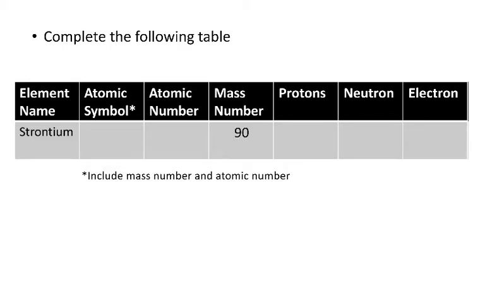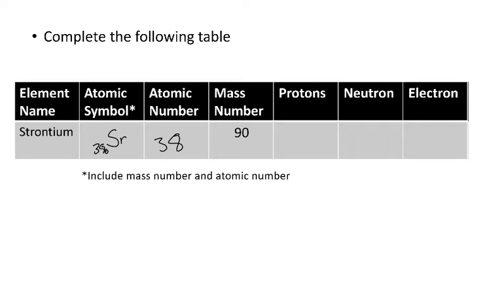Okay, here's another example. Here we're told that the element name is strontium, so I can go to the periodic table and see if I can find strontium. So take a second to do that now. All right, if you found strontium, you see that it is Sr. Its atomic number is 38. So I can put the 38 here, and here.